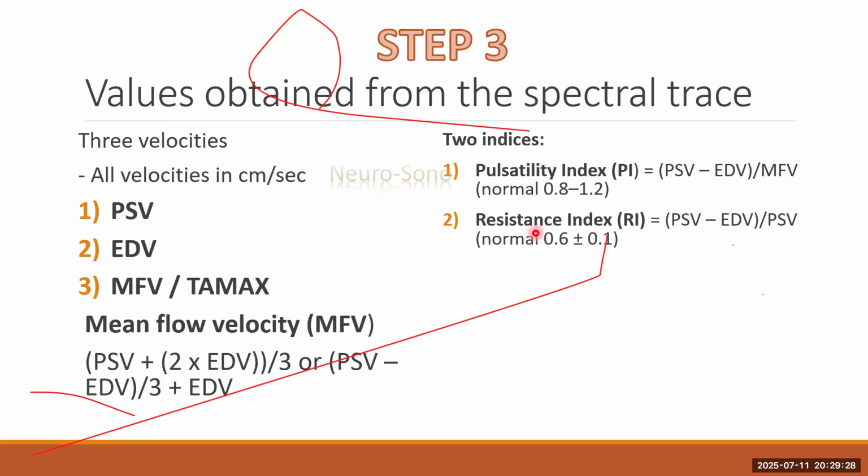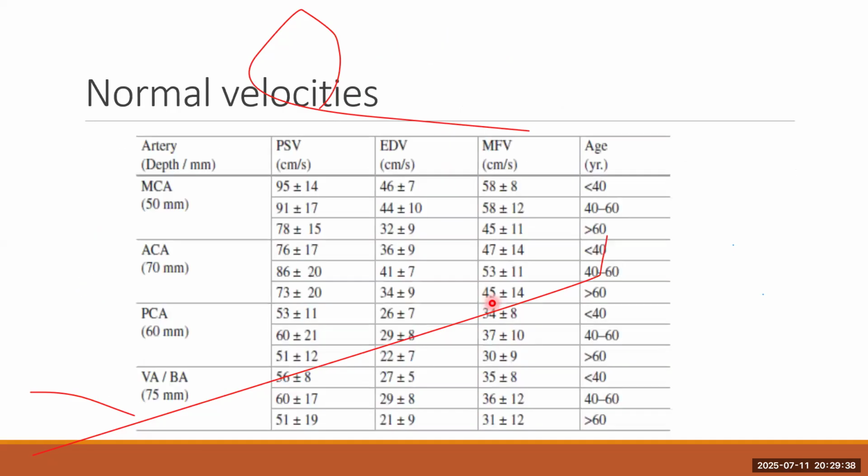The PI is used more with transcranial Dopplers. The resistive index is not much utilized in the transcranial Doppler literature. These are the normal velocities depending on the age, the different vessels, and the depth of insonation. These are the vessels one has to insonate in a complete basic insonation.